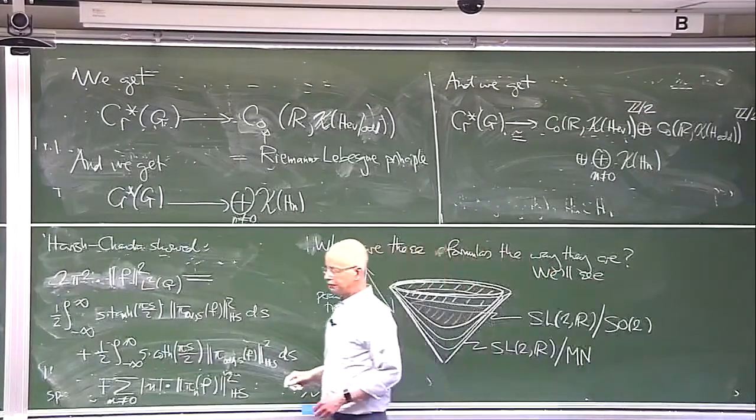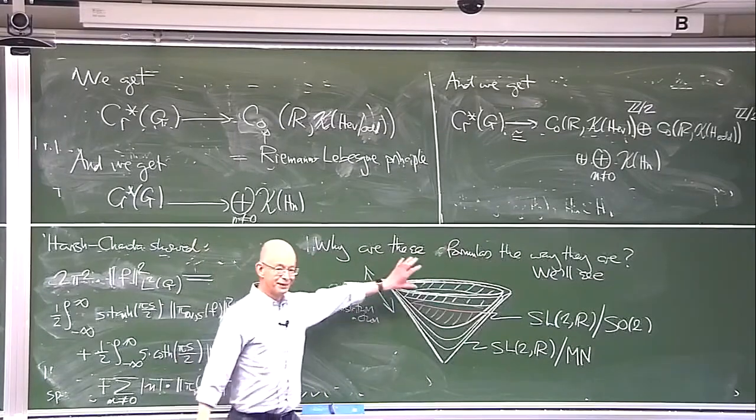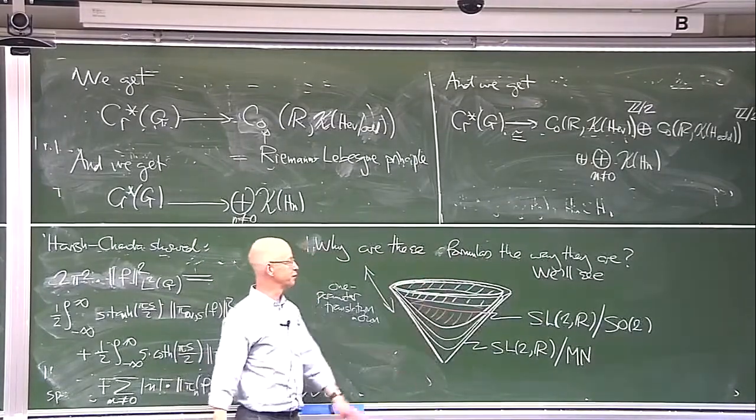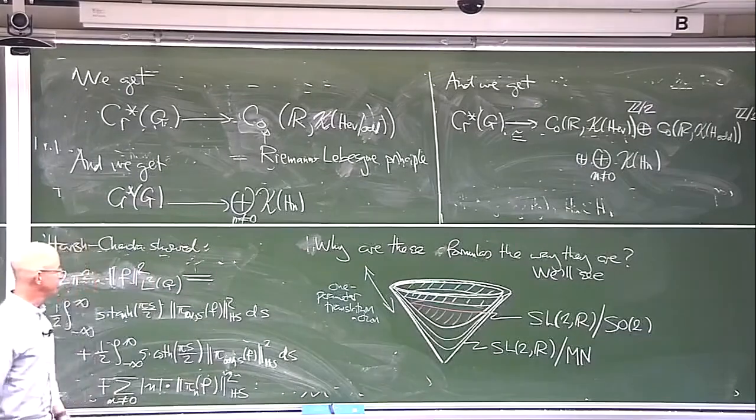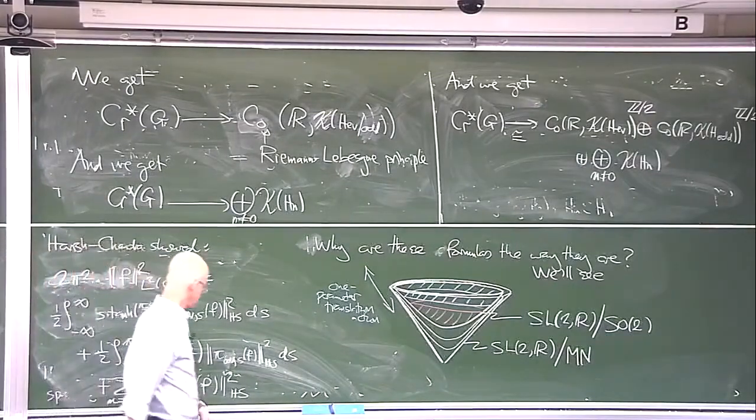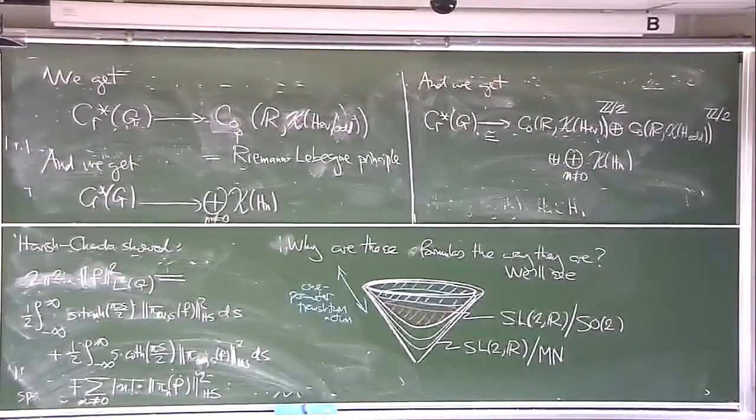And what I want to explain to you is how to build these pictures. First of all, let's just say that we've already built it as we did for SL2. Oh, I left my colors behind.